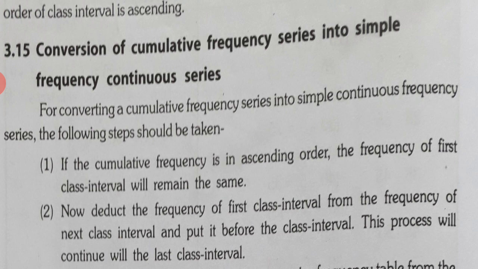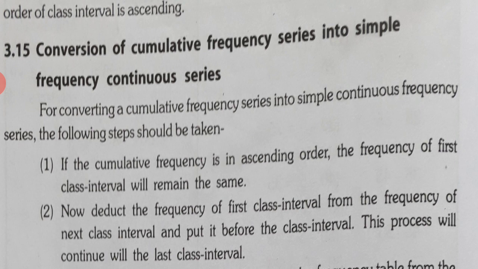Now have a glance at the other process. If you are given a cumulative frequency series and you are converting it into a simple frequency continuous series, it's a vice versa process. To find cumulative frequency, you add. To find simple frequency, you subtract from the successive. Two steps need to be followed.